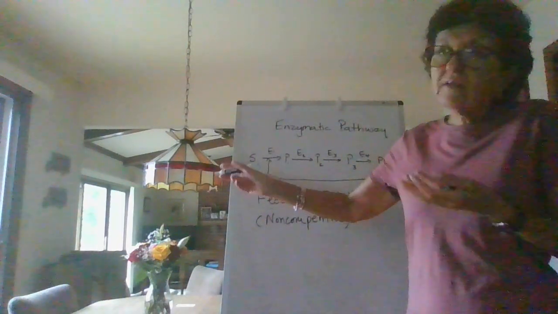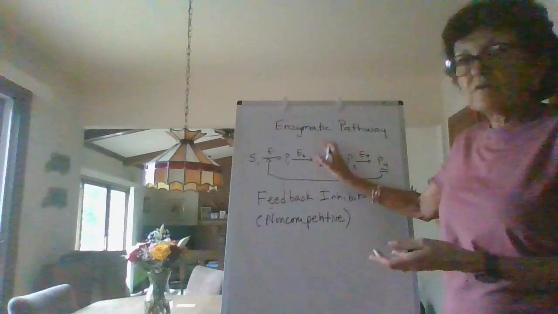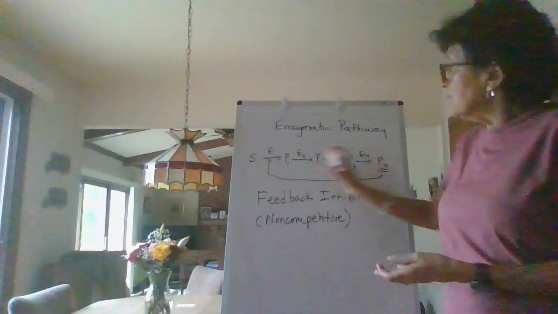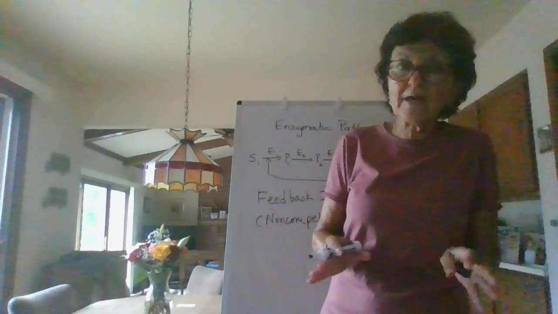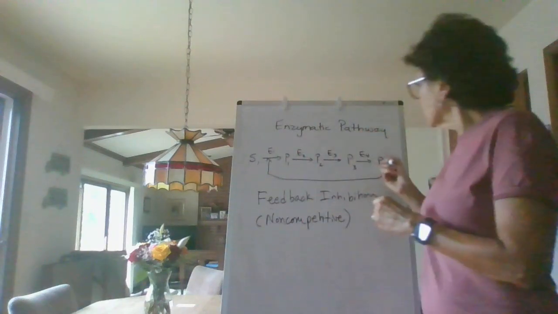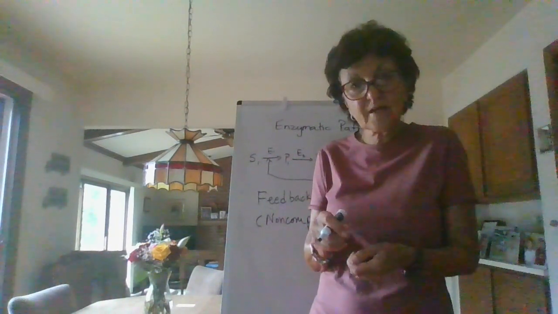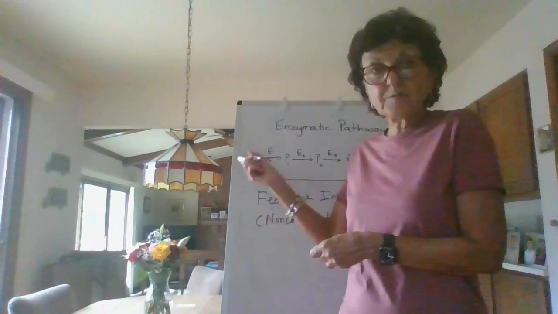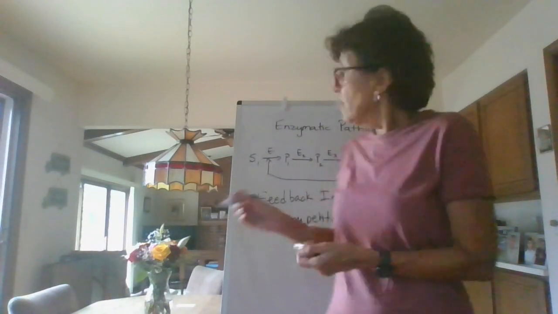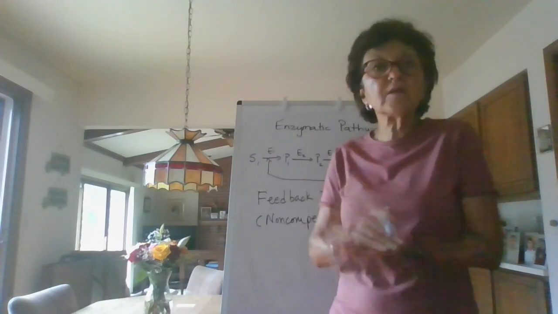Like this initial substrate, we already turned it into this and then turned it into this. And so this guy does not look like this. So it's not competitive inhibition. It's non-competitive. Where will this guy bind? It will bind on an alternate site, right? Because it doesn't look like the substrate, it can't bind in the active site. Once it binds on an alternate site, this enzyme is inhibited.